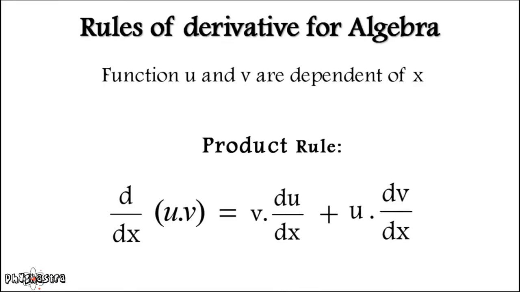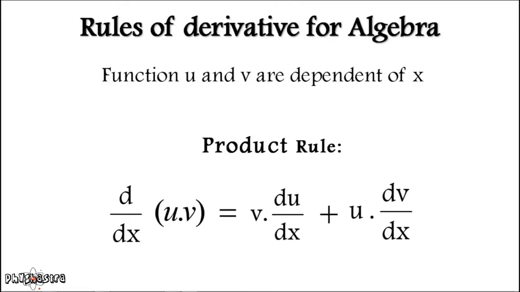The procedure is such that we first find the derivative of u by keeping v constant, plus find the derivative of v by keeping u constant. Try using this product rule on y equal to kx by differentiating with respect to x.